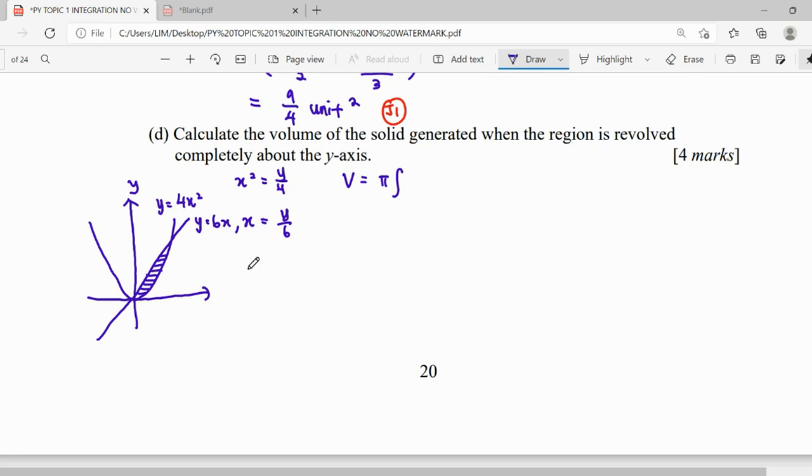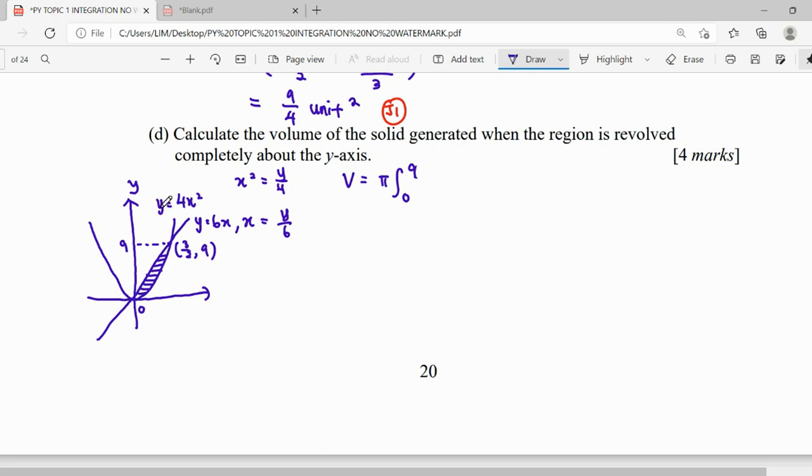So referring to the y-axis, the lower limit here is 0, then the upper limit here is 9, because this coordinate is (3 over 2, 9). So the integration will start from 0 to 9. And then you can see if you're revolving horizontally about the y-axis, the right one always minus the left one.